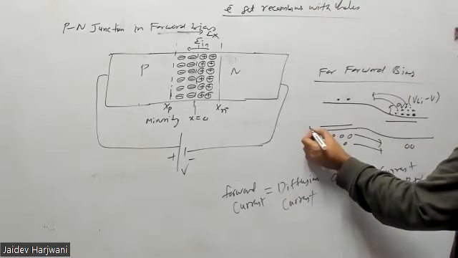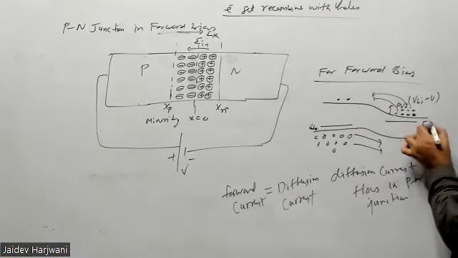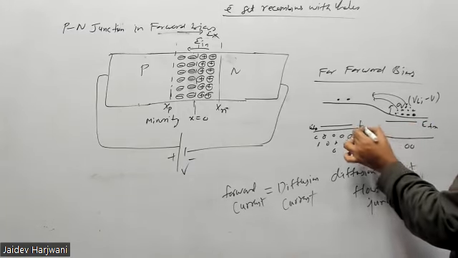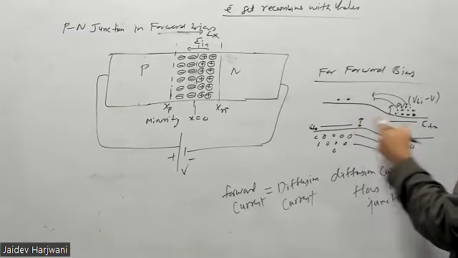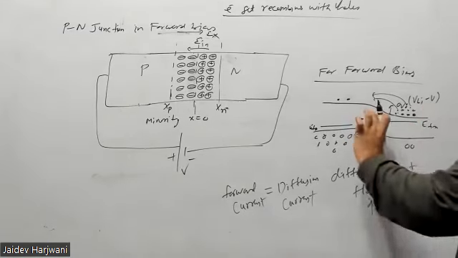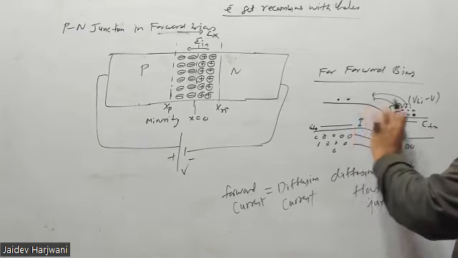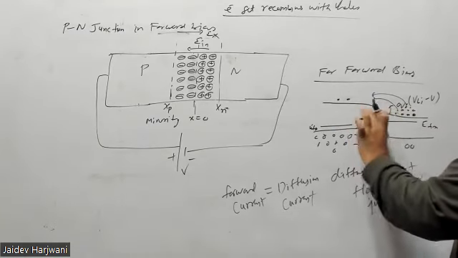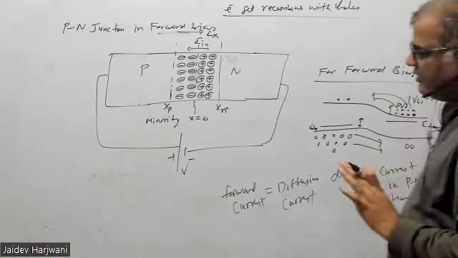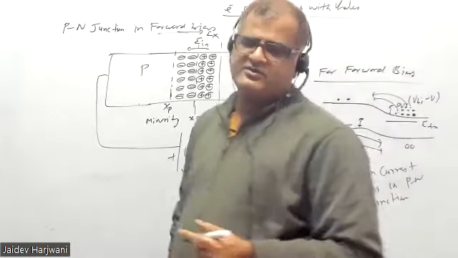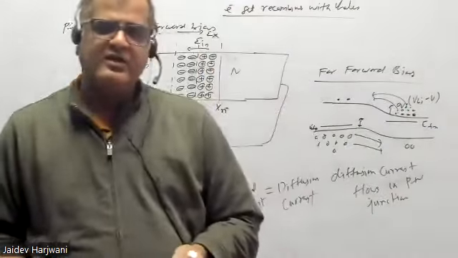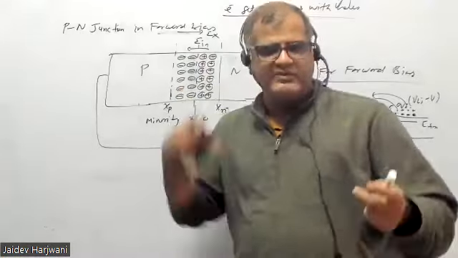So this is E_FP, that is E_FN, and the gap between these two levels, E_FP minus E_FN, is again qVbi minus V. This is the potential we are applying here. That is the thing, because without the shift of Fermi level, current cannot flow, because in equilibrium there is one Fermi level.